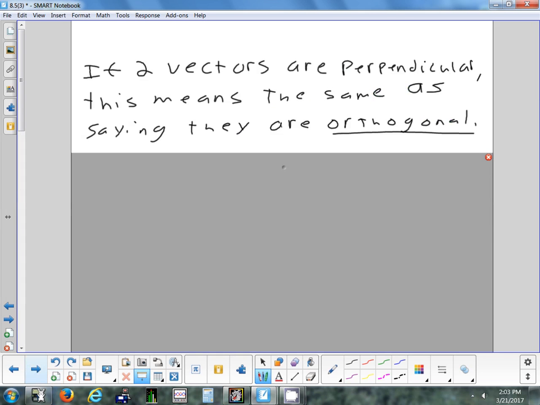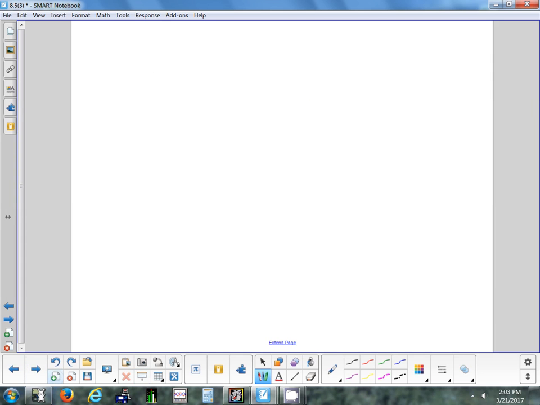What did we just say the angle has to be if they're perpendicular? 90. So I want to work backwards with the formula and show you a shortcut to figuring out if two vectors are orthogonal. The angle would have to be 90. That would be on the left side of the formula. On the right side, you would have the dot product in the top and the product of the magnitudes in the bottom.